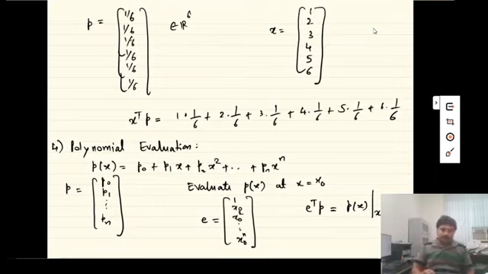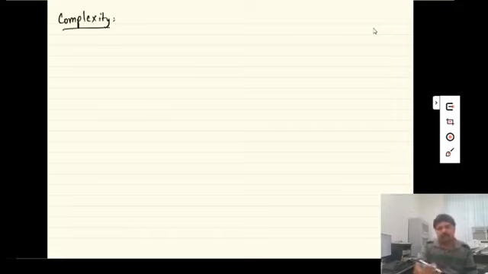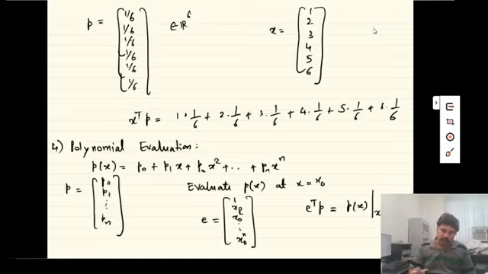And before closing this lecture, I want to say something about complexity. This is something that you might have looked at in some form or the other. So what is complexity?